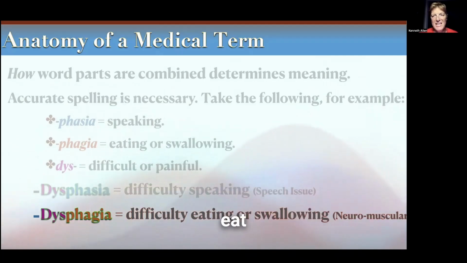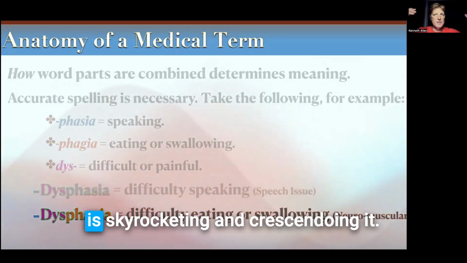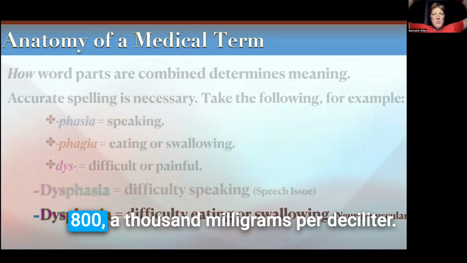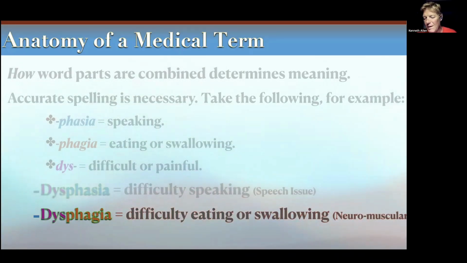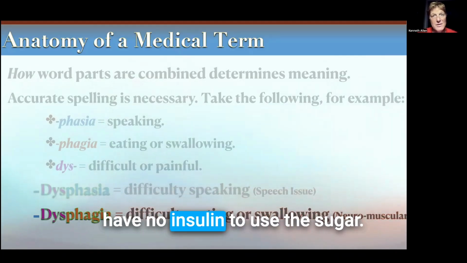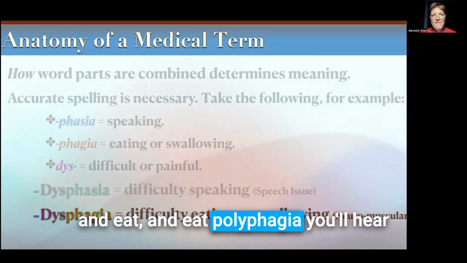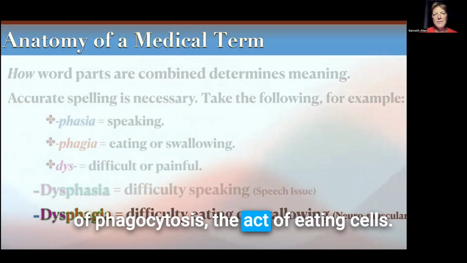This is people that eat and eat, even as their blood sugar is skyrocketing at 800, 1,000 milligrams per deciliter. The reasoning is they have no insulin to use the sugar. So they eat and eat and eat. Polyphagia. You'll hear of phagocytosis, the act of eating cells.